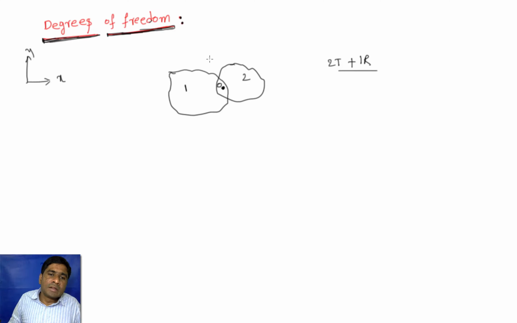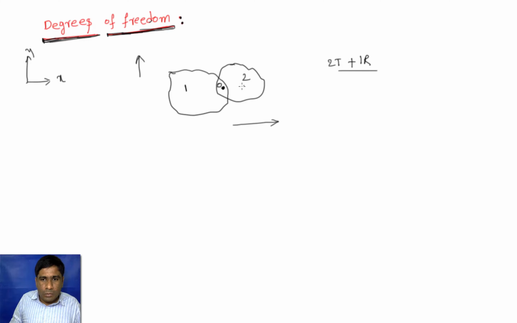Individually body 2 has 3 degrees of freedom and body 1 has 3 degrees of freedom. But now after hinging, if body 1 is moving along the x-axis, body 2 also has to move along the x-axis, and if body 1 is moving along the y-axis, then body 2 is also compelled to move along the y-axis.